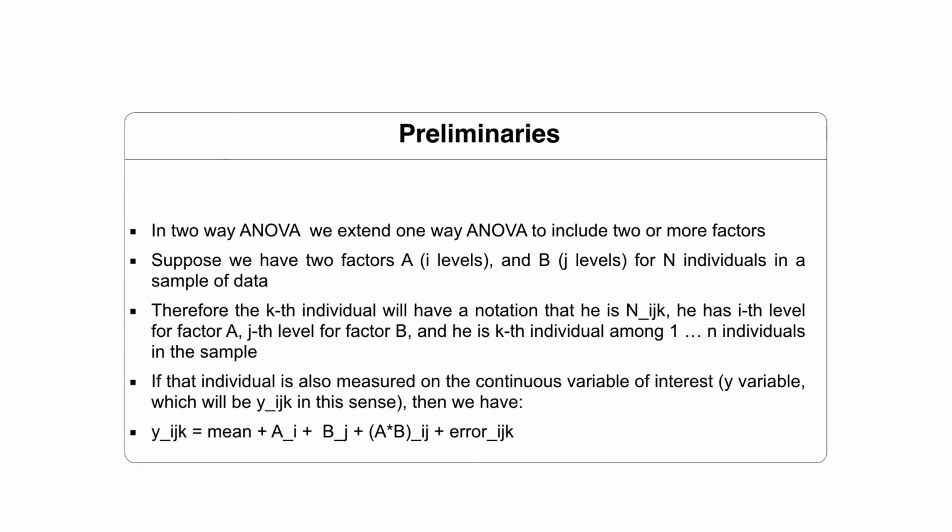And then we are comparing gender with department, let's say, for example, or socioeconomic status with department. Then yijk could be the length of stay of the kth individual measured on the ith level of, say, socioeconomic status.